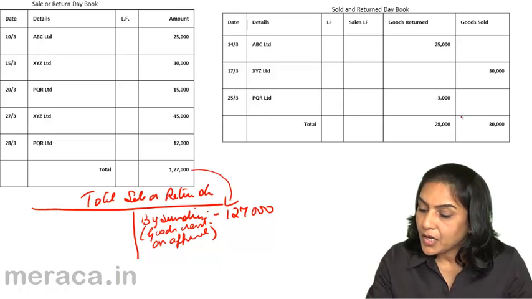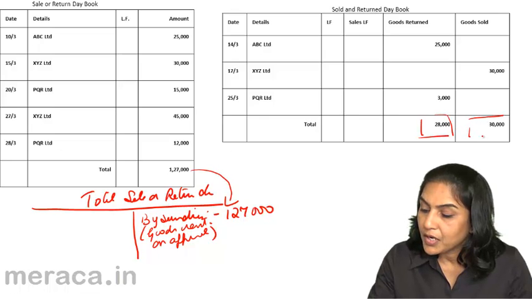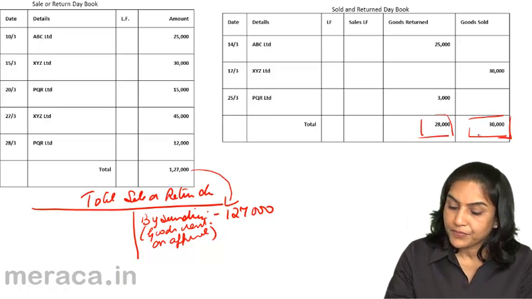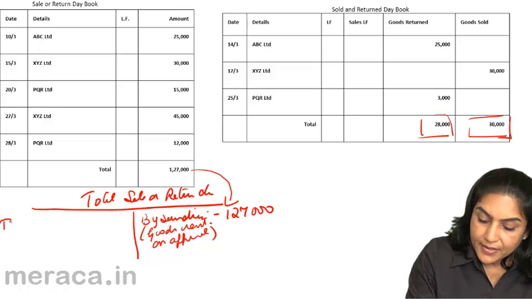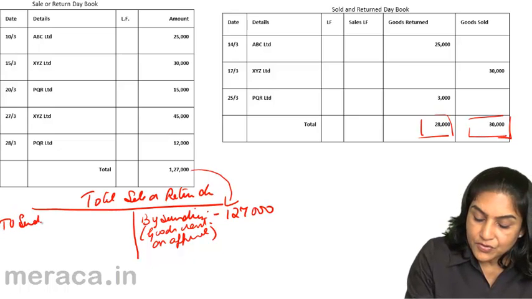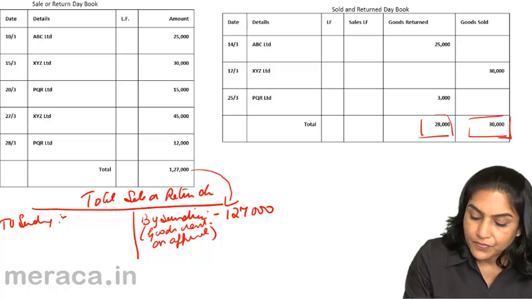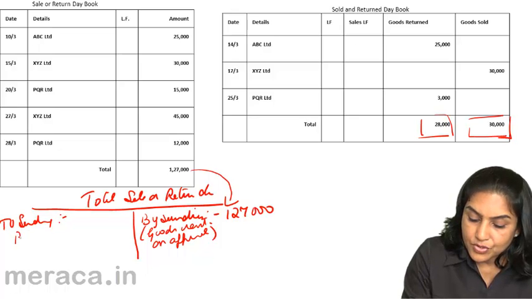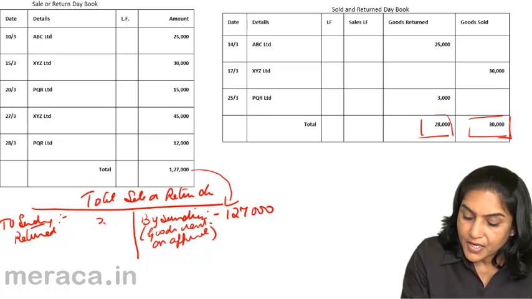The total of the goods returned and the total of the goods sold is debited to sundries.